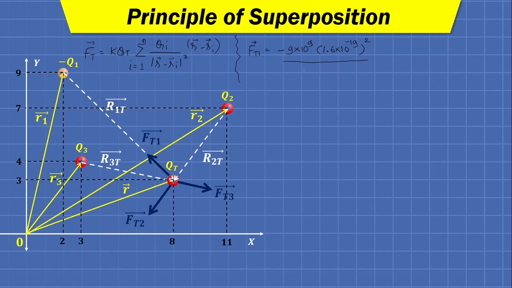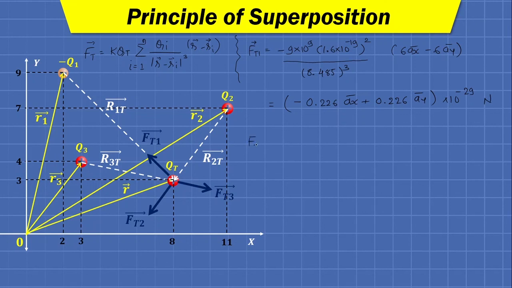So we have just derived this distance as 8.485 cubed, and the distance vector between Q1 and Qt, which is nothing but 6ax bar minus 6ay bar, and simplifying this we will have minus 0.226 ax bar plus 0.226 ay bar, whole multiplied by 10 raised to minus 29 Newton.